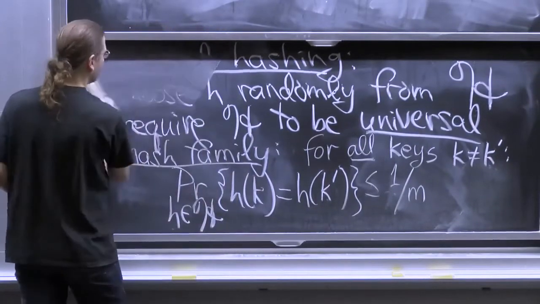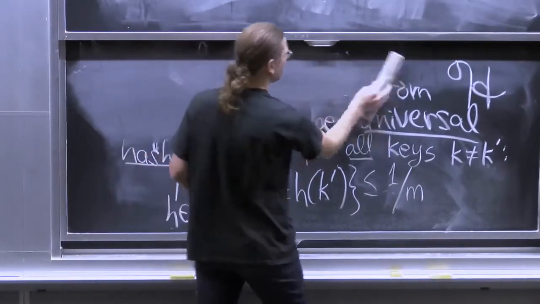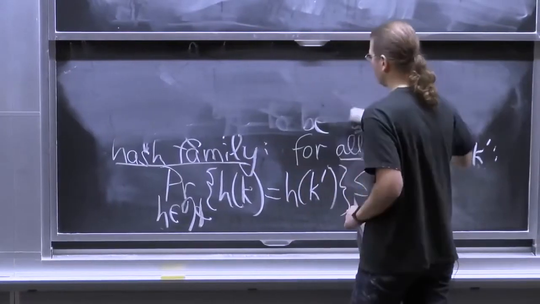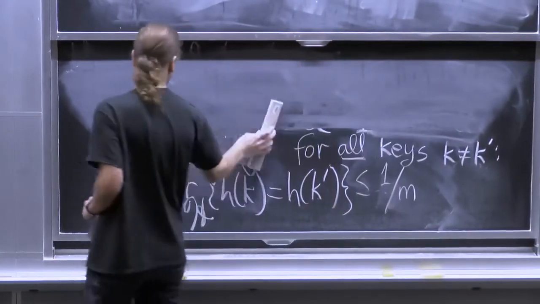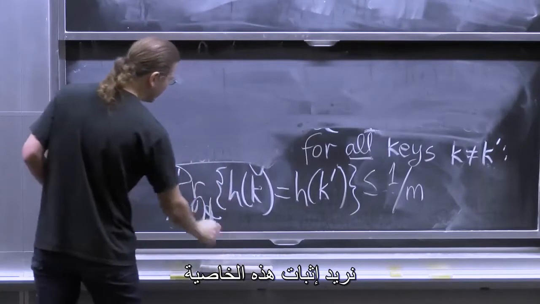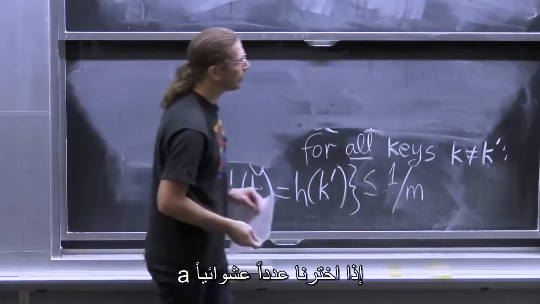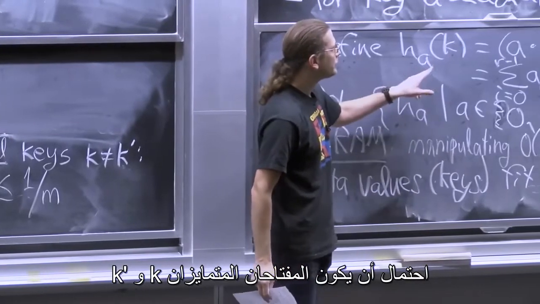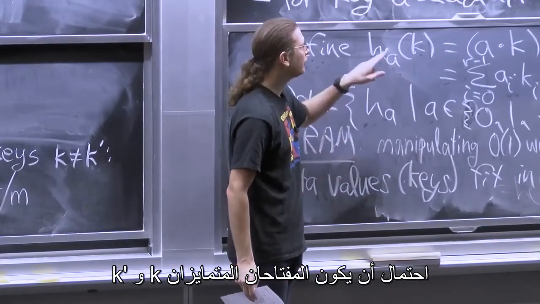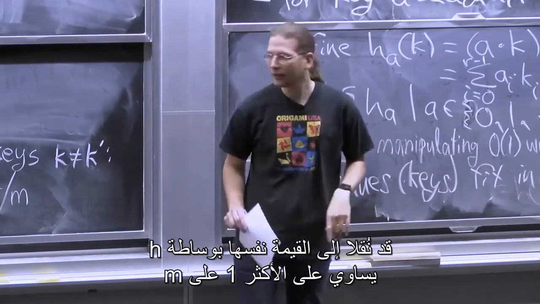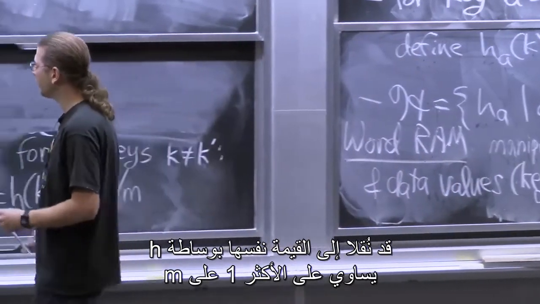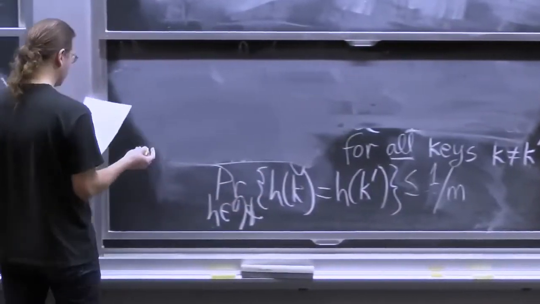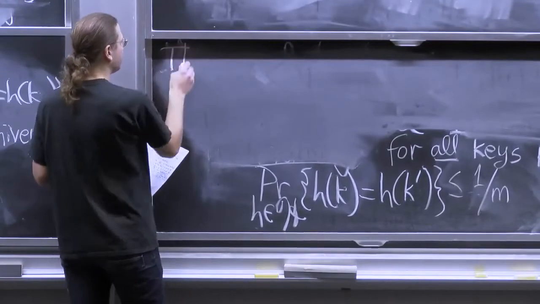OK, so we want to prove this property, that if we choose a random A, then the probability of two keys k and k prime, which are distinct, mapping via h to the same value, is at most 1 over m. So let's prove that.